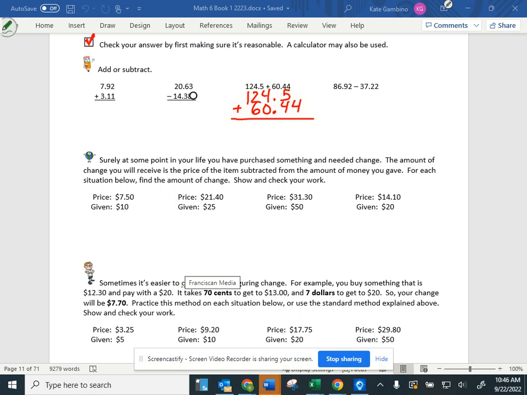Then you can go through and you can say, all right, I'm going to fill in a 0 in my empty spaces so I know what I'm adding or subtracting from. I'm going to double check. Oh, this one is an addition problem.